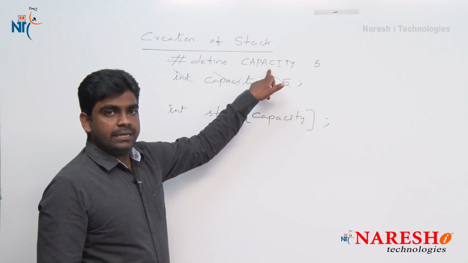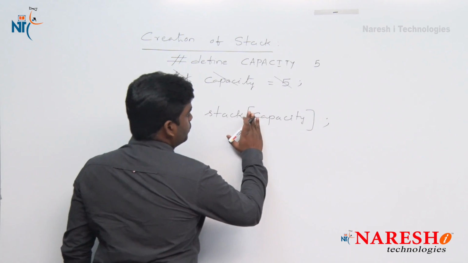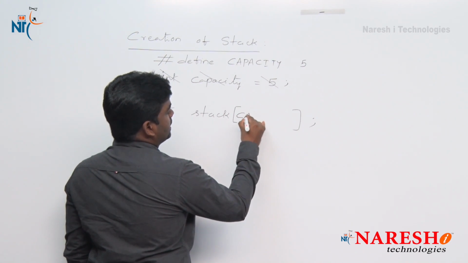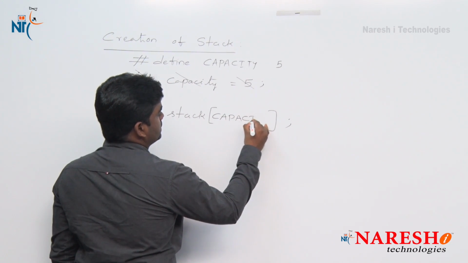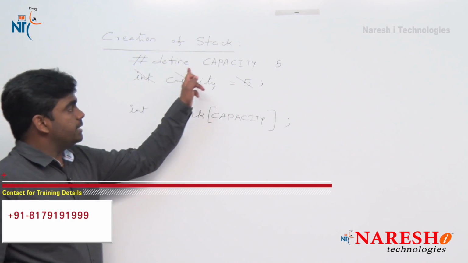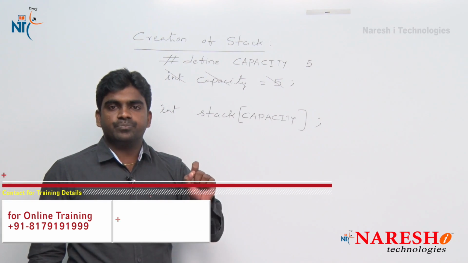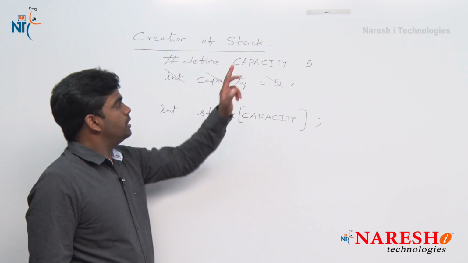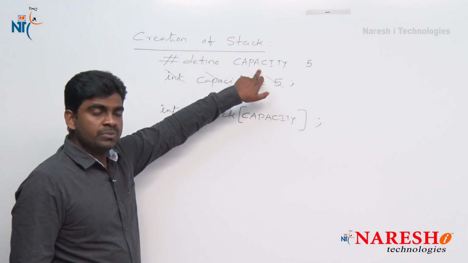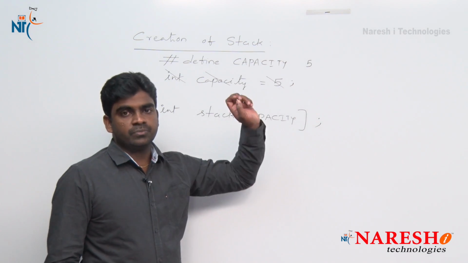This is the identity and this is the value. We need to write all capital letters because C language is a case sensitive language. Hash define is a preprocessor directive which is used to create a constant, nothing but a macro. This is the macro name and this is the macro value.